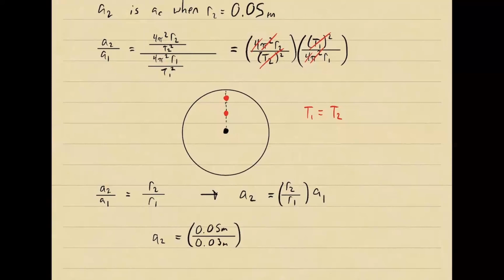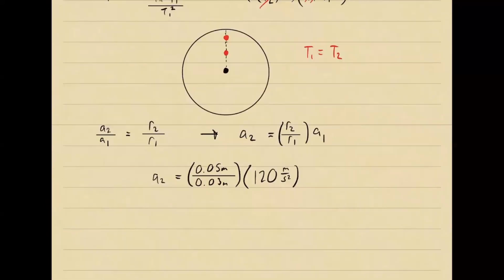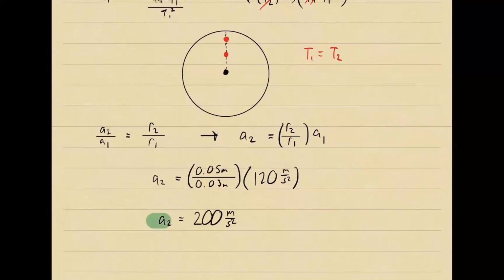But the problem tells us that that is 120 meters per second squared. And so multiplying this out, this gives us that the centripetal acceleration of a point that is 5 centimeters away from the center of this spinning CD-ROM is 200 meters per second squared. So that's the answer to this first problem.